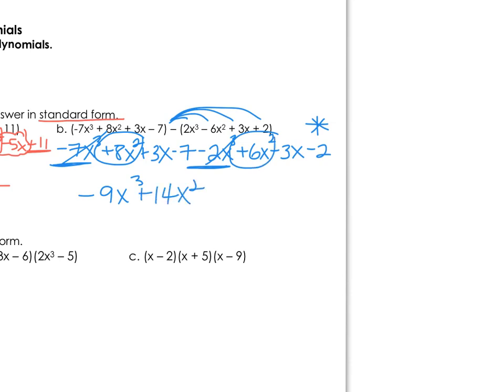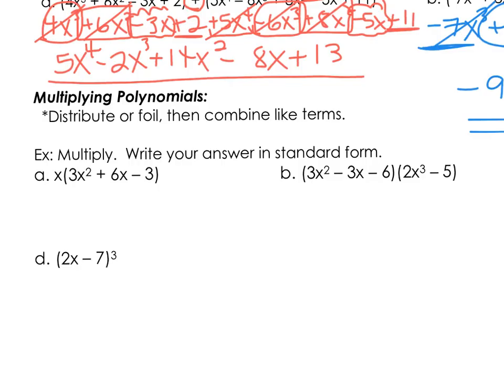Look what happens here. We have positive 3x and negative 3x. They just automatically cancel. And then last but not least, we've got minus 7, minus 2 for a total of minus 9. And that's what your polynomial would look like in standard form. And that's literally all the practice we're going to do with adding and subtracting.